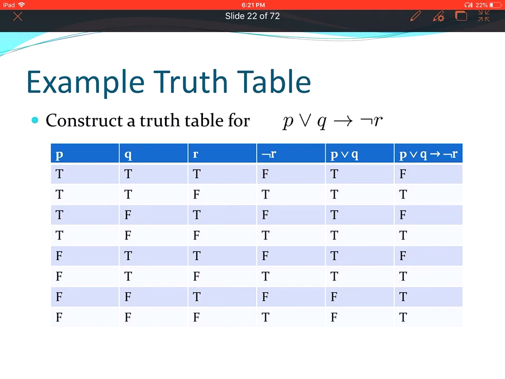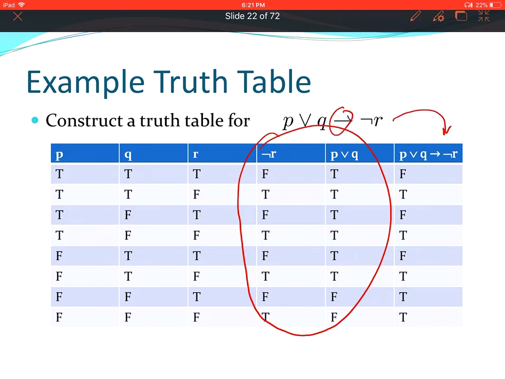Okay, and now that we have these 2 intermediate columns, we can do the implication in this last one, which will be the last step. I have the hypothesis on the right and the consequence on the left, so that's the direction we'll look at it. This first one we can see is false because the hypothesis is true and the consequence is false. When that's the case, the implication will be false, and we see that that's correct. When they're both true, the implication is true.